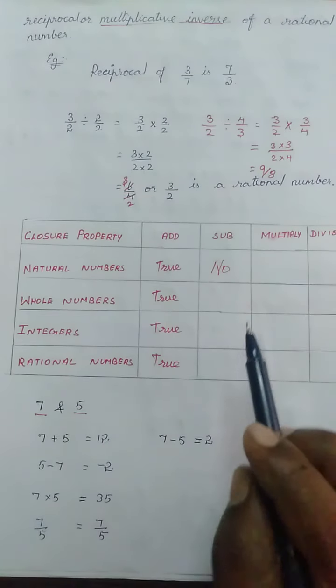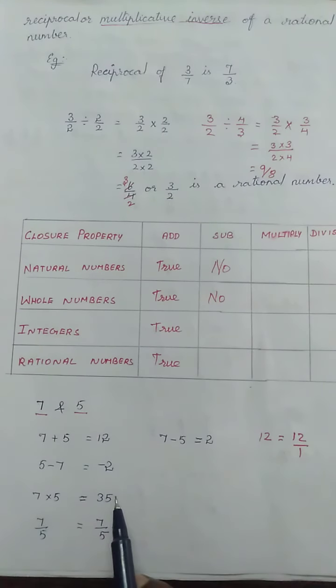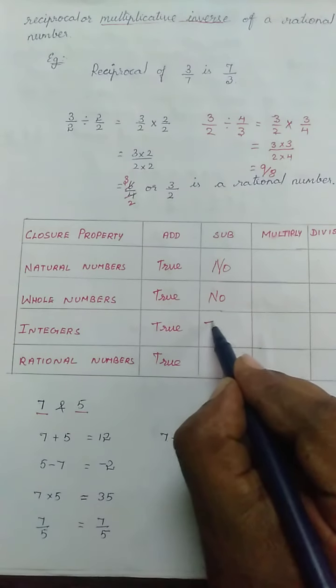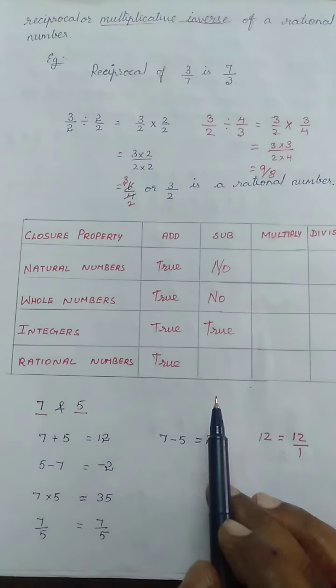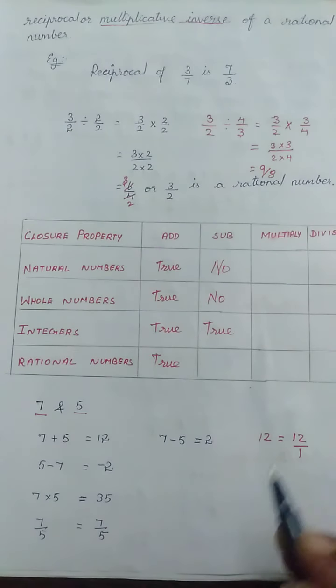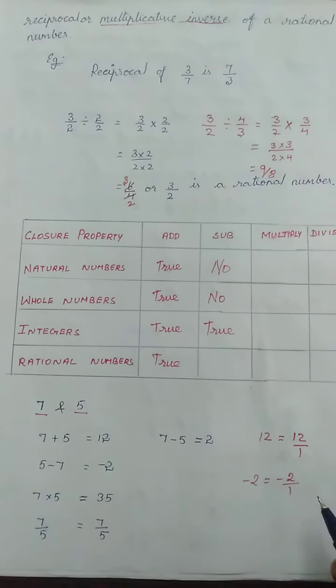Is minus 2 a whole number? Again, it's a no. Is minus 2 an integer? Yes, it's an integer, so it's true. Is minus 2 a rational number? Yes, it's a rational number, because minus 2 can be rewritten as minus 2 by 1.